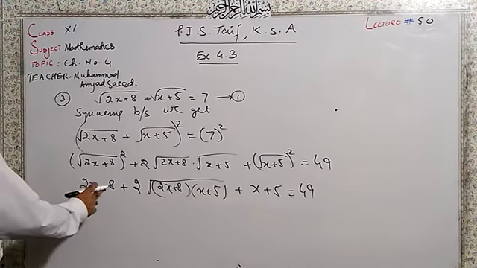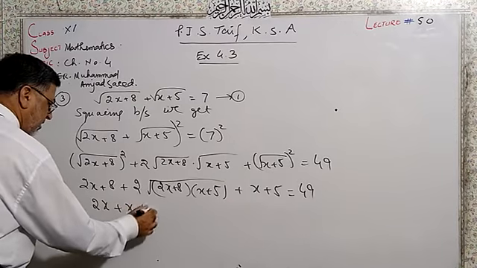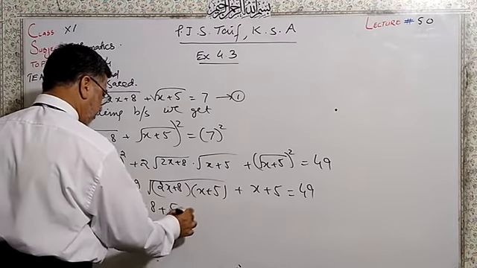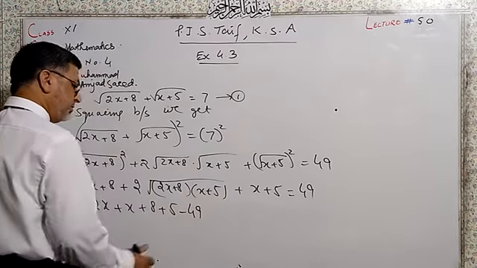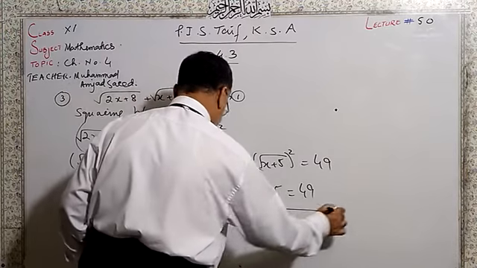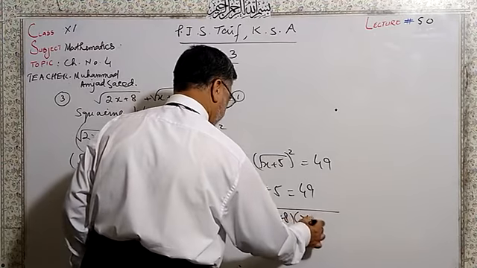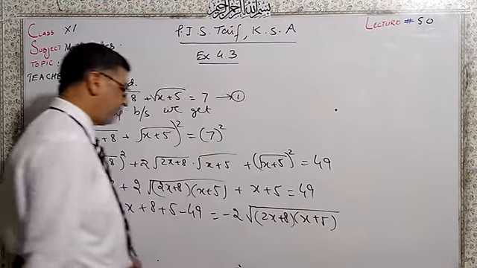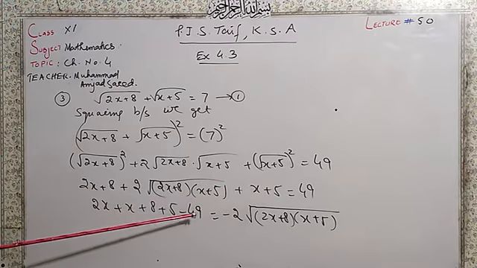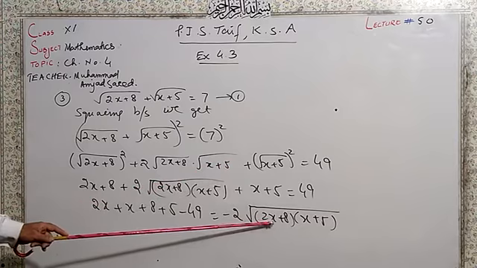Now we can have 2x plus x plus 8 plus 5 minus 49 is equal to minus 2 into the square root of 2x plus 8 into x plus 5. Remember that we took 49 to the left hand side and this radical term is shifted to the right hand side.